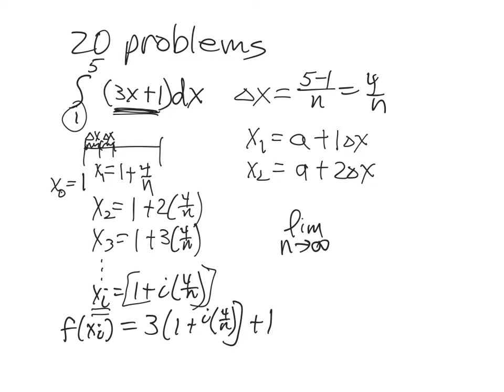Now, technically, the limit is as the mesh approaches 0. Well, because we have chosen this to represent all of the partitions, n approaches infinity will make the mesh approach 0. So we can go directly to that form of the limit.